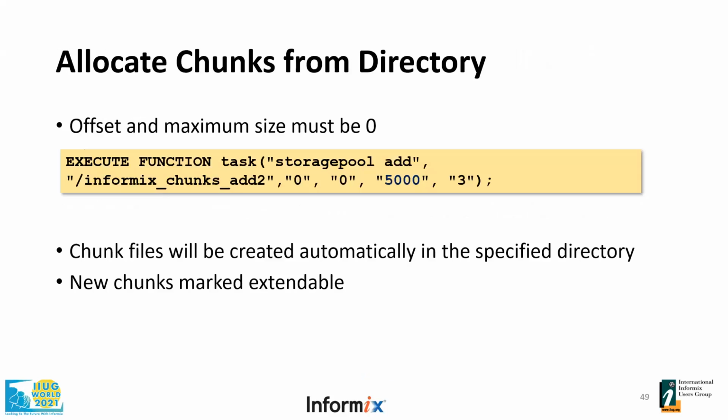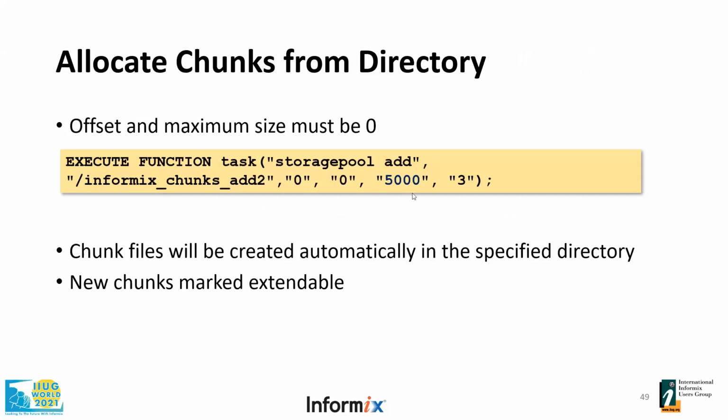So I mentioned earlier, you can also add a directory to the storage pool. This is a handy feature, especially if you've exhausted all your storage pool entries, but you don't want anything to fail because it can't expand. You can just put a directory name in the storage pool.